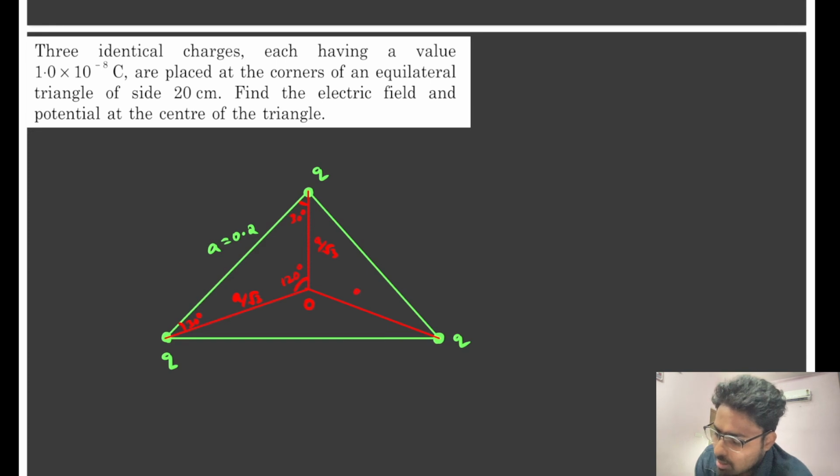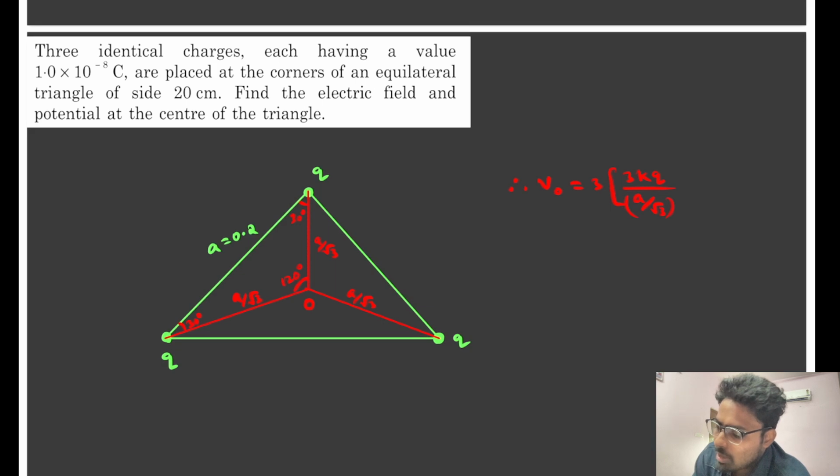Now I know the distance from each and every point charge to the point where I need to find the potential. As the point is located in a symmetrical manner for all three charges, and the charges are also equal, therefore potential at O is nothing but 3 times kq by r. So what is r? R is nothing but A by root 3.